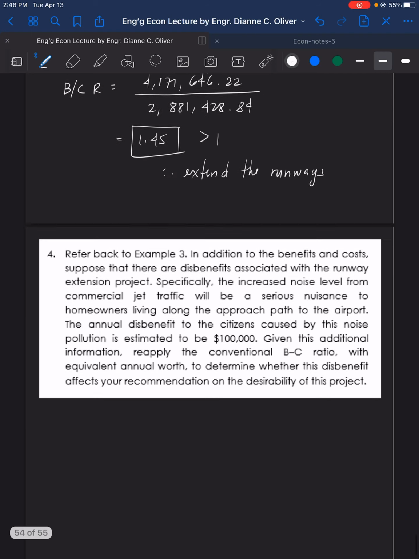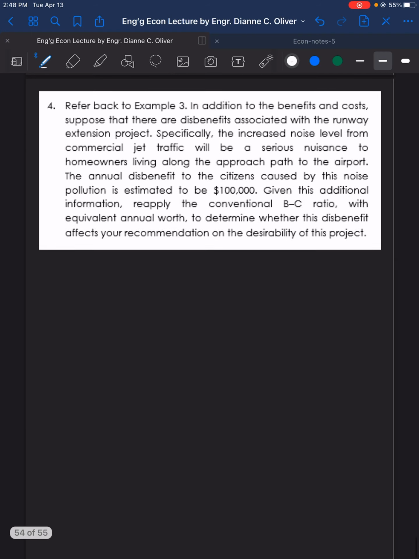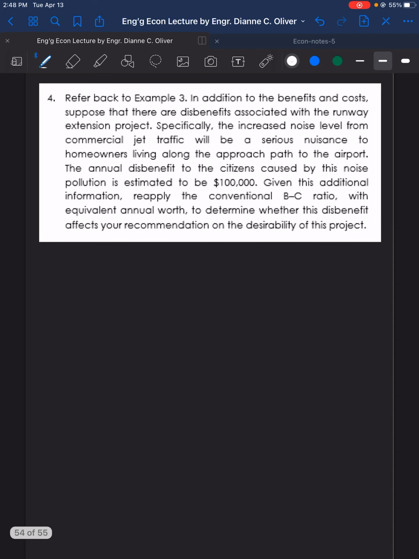Now let's go to number 4 for the possibility. Refer back to example 3. In addition to the benefits and costs, suppose that there are these benefits associated with the runway extension project. Specifically, the increased noise level from the commercial jet traffic will be a serious nuisance to the homeowners living along the approach path to the airport.